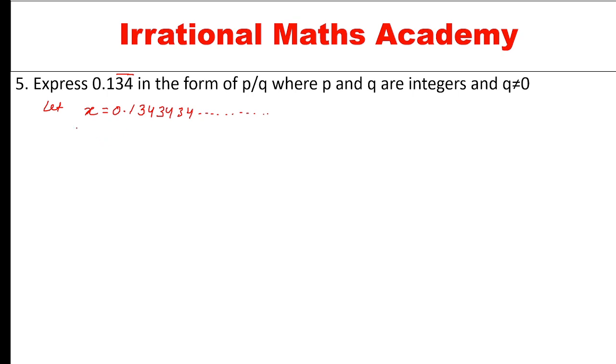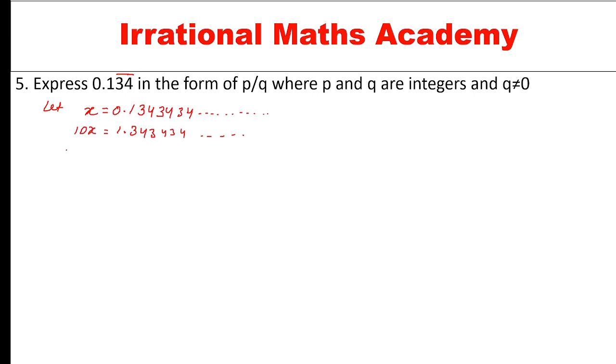Next I'll multiply with 10. What I'll get here is 1.343434. So from 10x, if I want to subtract x, I have to make sure that the digits after the decimal exactly match. After the decimal here 3 is there, here 1 is there.